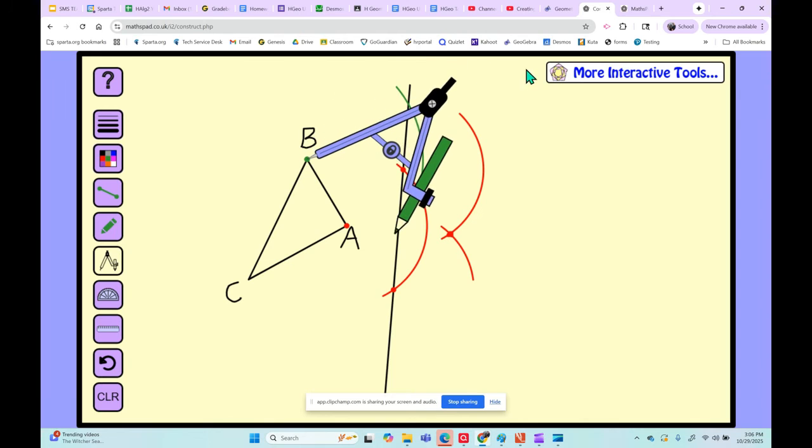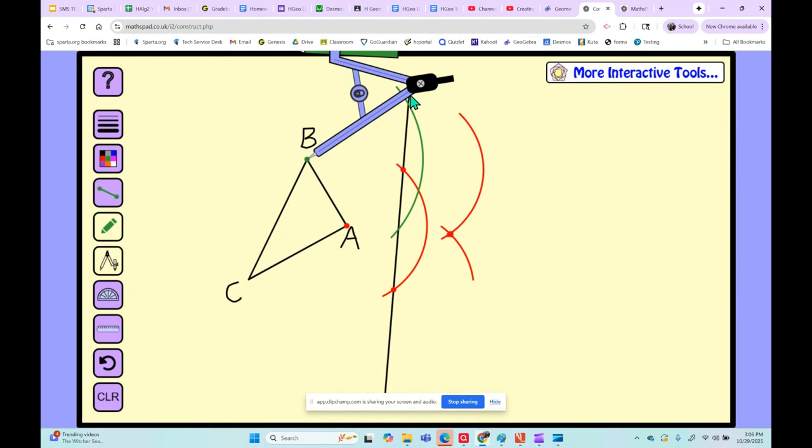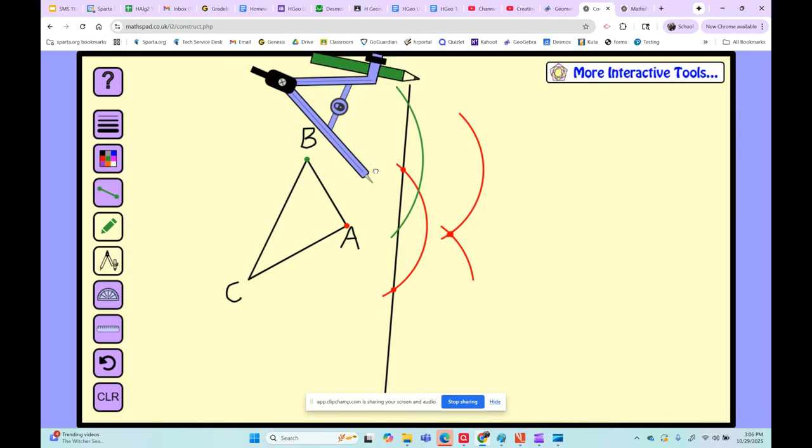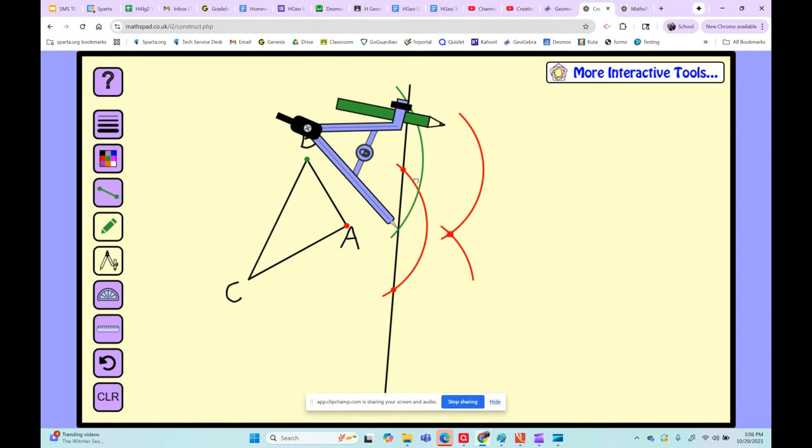Okay, there's 1 point, there's the other one. I'm going to measure from B to that point, which is what I have right here. It's jumping around on me. All right, so now I got that point, it's set.